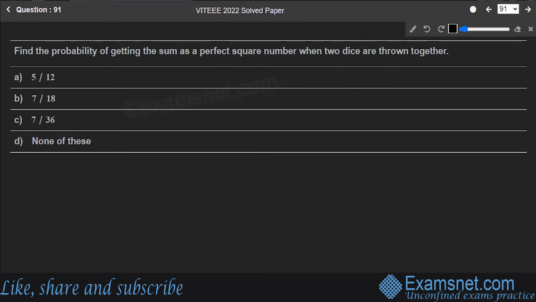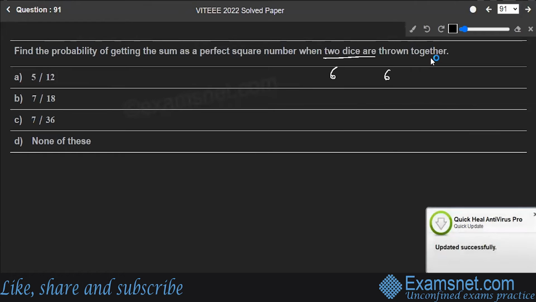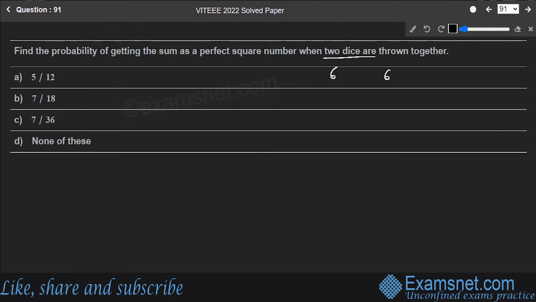Next is the 91st question. Find the probability of getting the sum as a perfect square number when two dice are thrown together. There are 6 numbers on one dice and 6 numbers on another dice, so the total sample space in this case is 36. Now the sum of two results should be a perfect square number. This can happen in these cases.